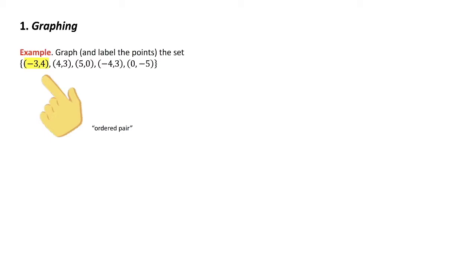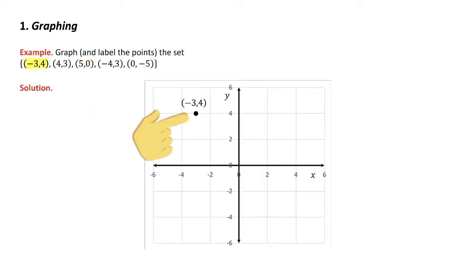So, ordered pair. I'm not into introducing a lot of terminology, but I want to have enough terminology that it's useful. So minus 3, 4 is one ordered pair. We have another one, 4, 3, 5, 0, and the rest. By convention, if we label our axes x and y, x has to take a value. These are the possible choices for x.